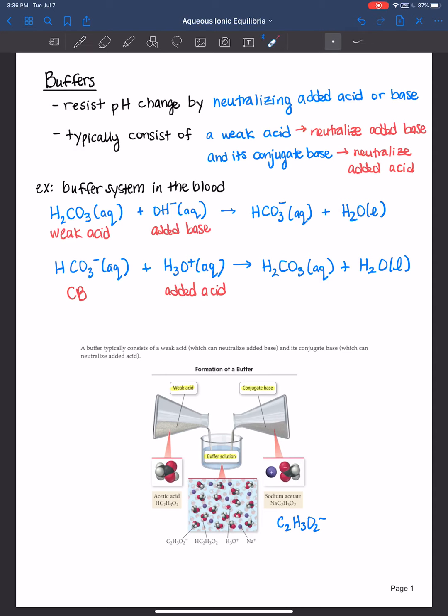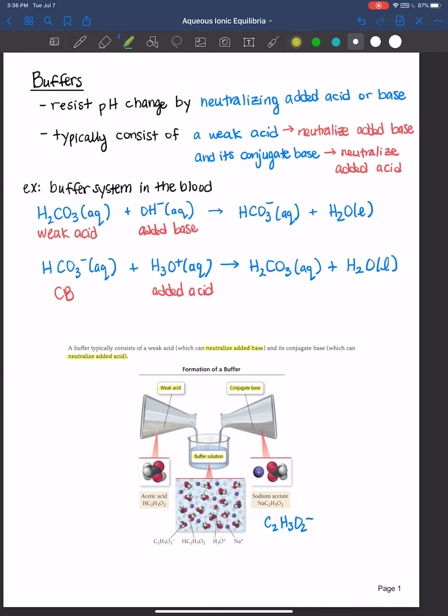But we've learned in a previous video that sodium doesn't affect the pH. It is a cation and a counter ion of a strong base, so it's pH neutral. And so really what's going to help us out with the buffer here is the acetate, the conjugate base of acetic acid. So in summary, a buffer consists of a weak acid, which can neutralize added base, and the conjugate base, which can neutralize the added acid.